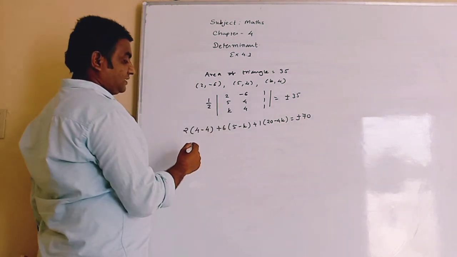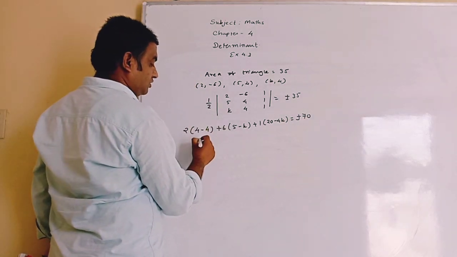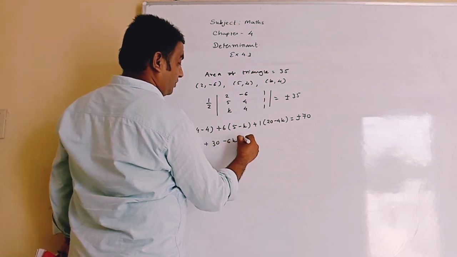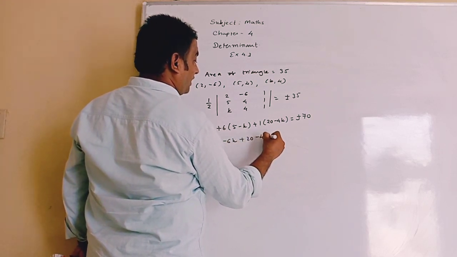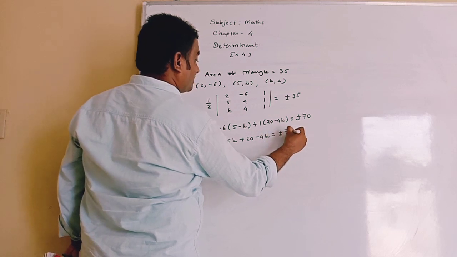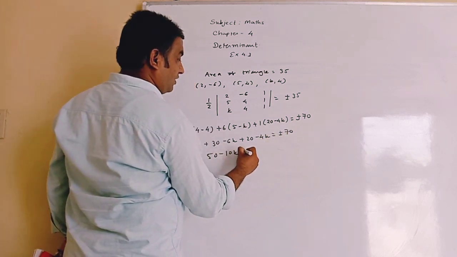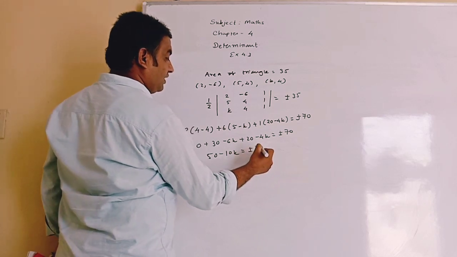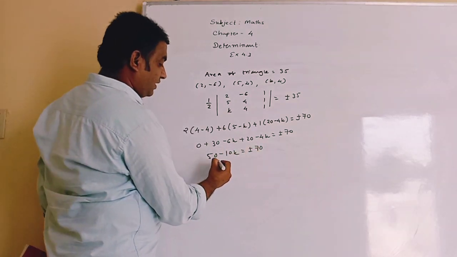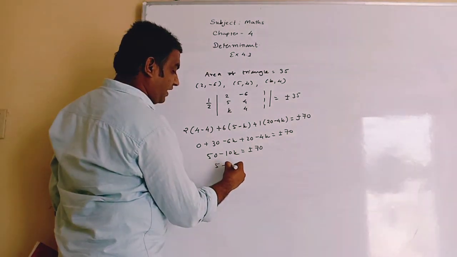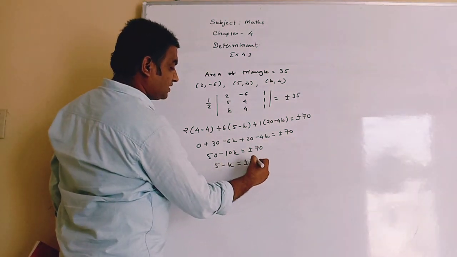To multiply that side. So 2 into 0, 0 plus 30 minus 6k plus 20 minus 4k equals plus or minus 70. So 50 minus 10k equals plus or minus 70. All three are multiples of 10, so we divide by 10. Then 5 minus k equals plus or minus 7.